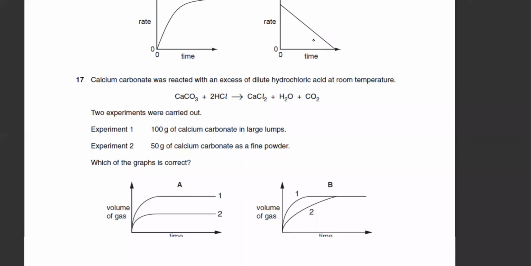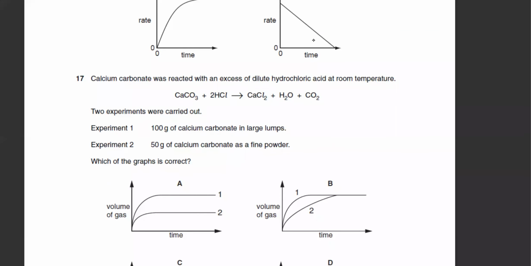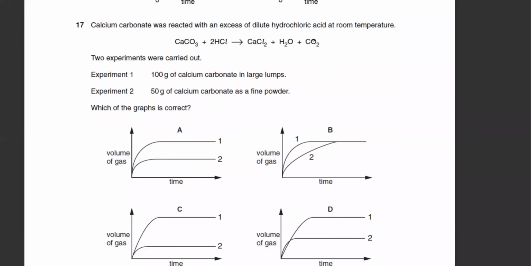As for this one, you've got this reaction, and he's saying calcium carbonate is being added. In experiment number 1, 100 grams of calcium carbonate is added. In experiment number 2, 50 grams of calcium carbonate is added. First tell me, which one is going to produce more carbon dioxide, experiment number 1 or experiment number 2?